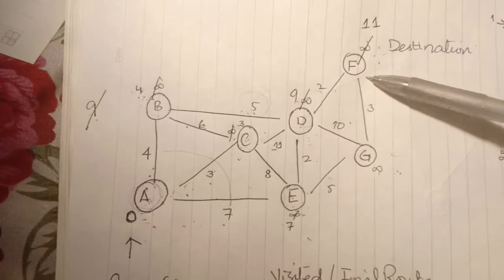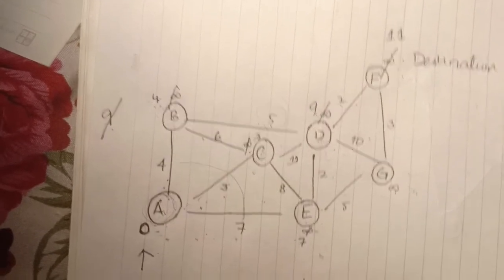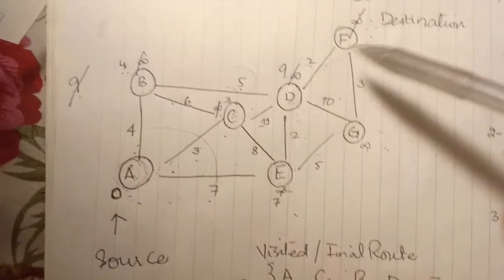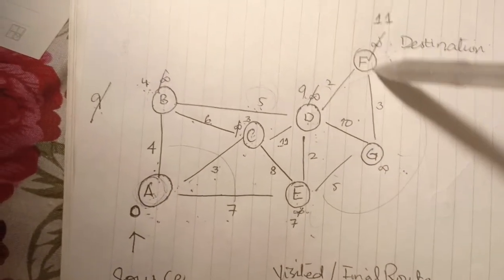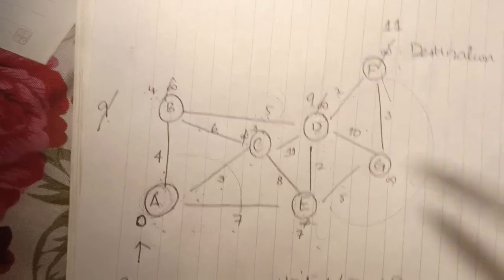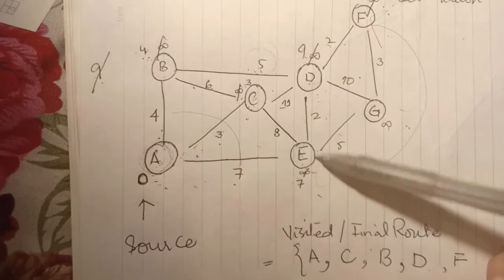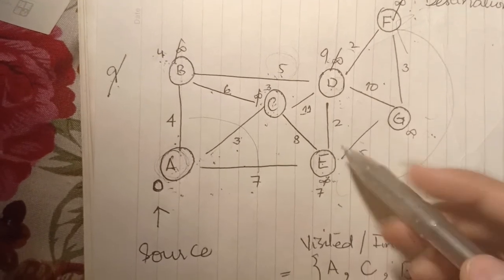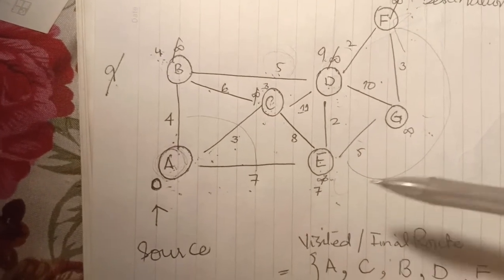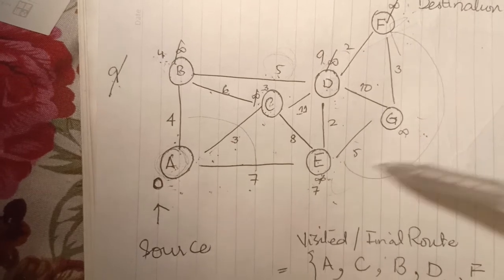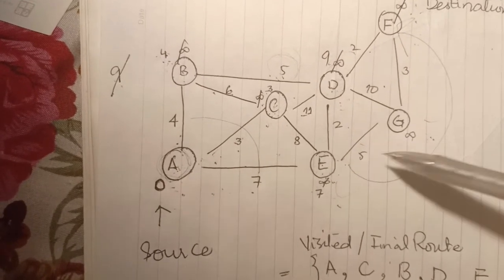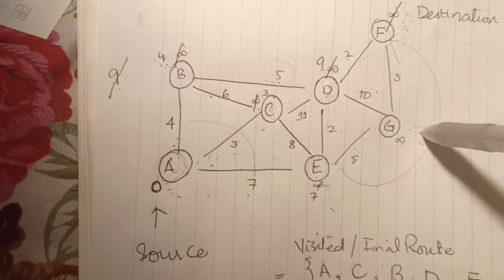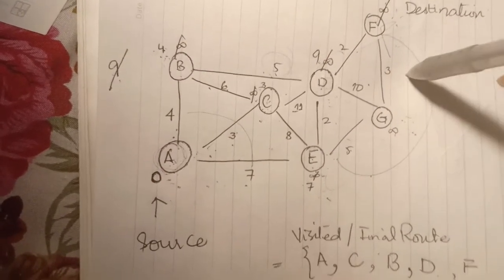To go via E you need another, bigger route: if you go to E you get 7 plus 2, 9, and then to G, 9 plus 5, 14, and then 14 plus 3, 17.